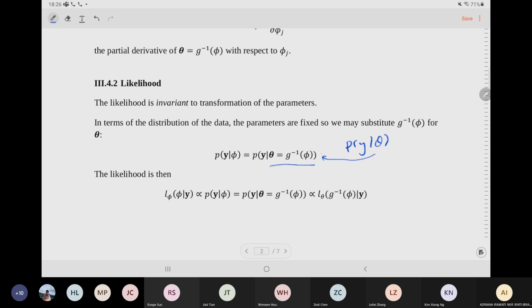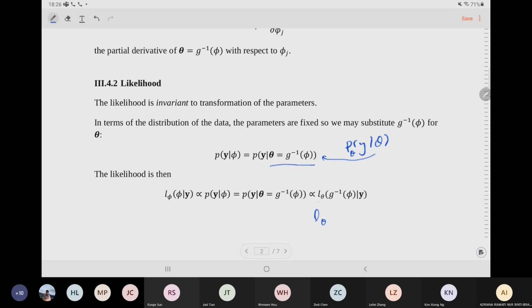So if I were to find the likelihood of phi given y, which is proportional to my joint PDF, this is actually the joint PDF of theta, meaning the likelihood of theta.